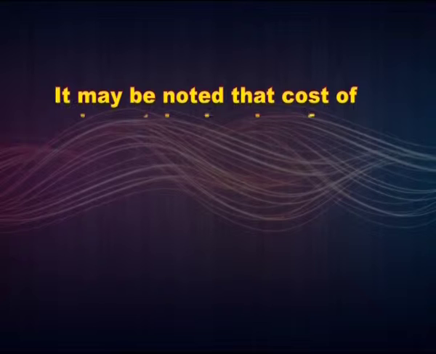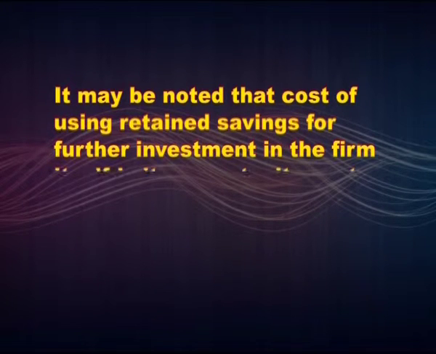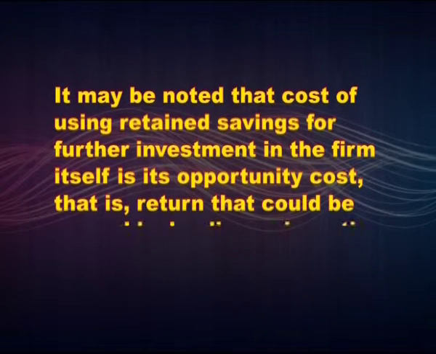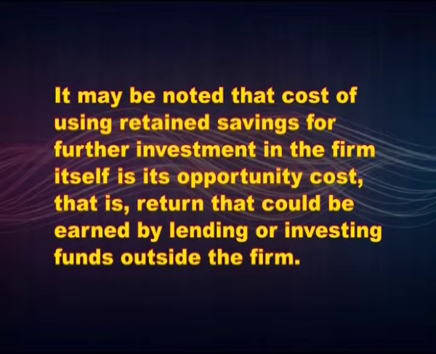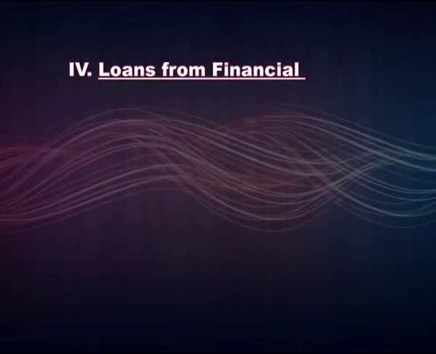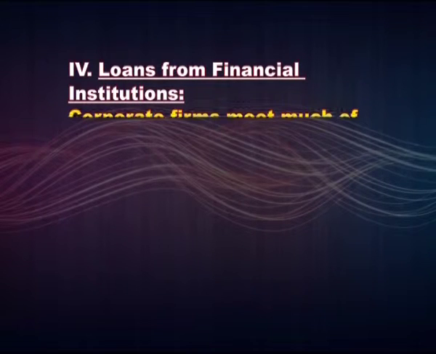It may be noted that the cost of using retained savings for further investment in the firm itself is its opportunity cost, that is, the return that could be earned by lending or investing funds outside the firm. Therefore, the cost of using retained earnings for investment by the firm is generally treated at par with the cost of equity capital.